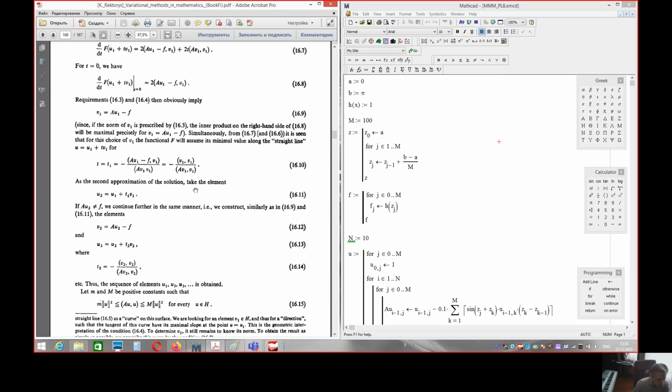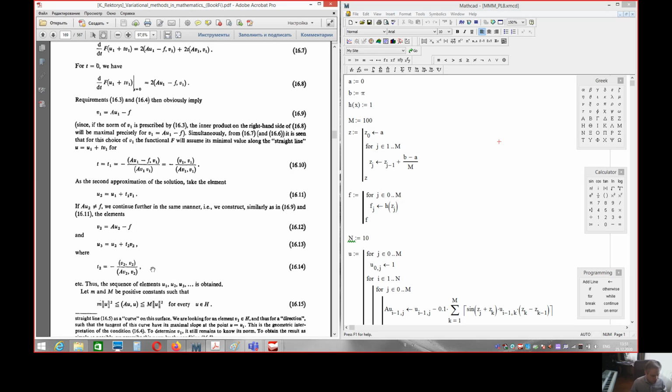As the second approximation of the solution, we take the element U2 equal to U1 plus T1 by V1, where V1 is AU1 minus F. If AU2 is not equal to F, we continue further in the same manner, that is, we construct the element V2, the second approximation to the function V, AU2 minus F. And U3 is U2 plus T2 by V2, where T2 is, like here, minus V2 by V2 over AV2 by V2.